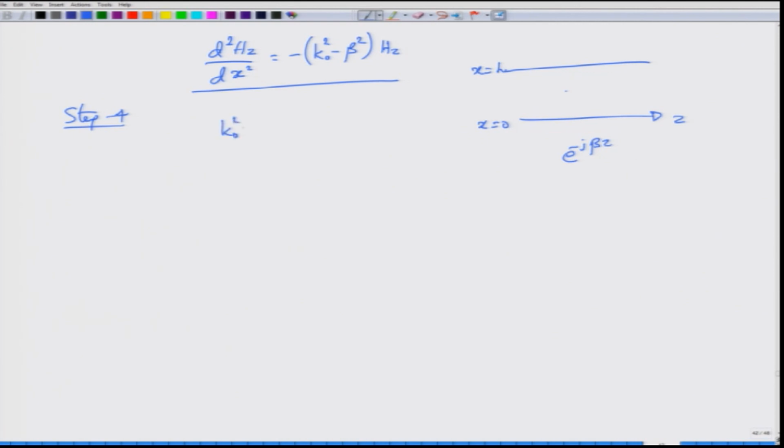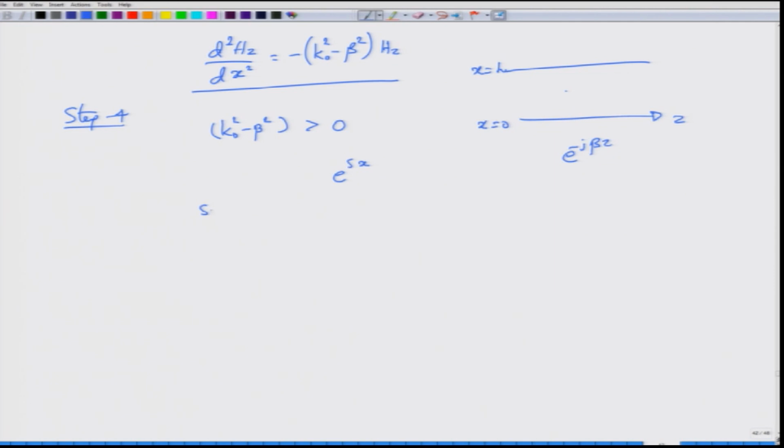If k0 square minus beta square is positive, then I get oscillating solutions. Let us first write down the characteristic equation. Remember, the solutions are assumed of the form e power sx.